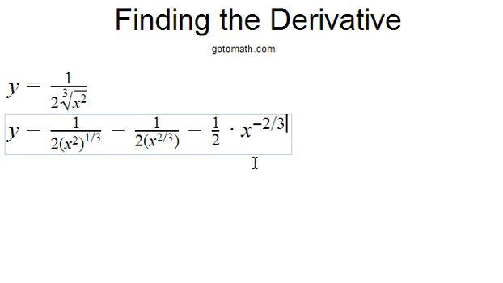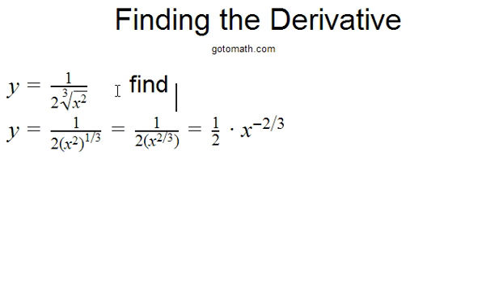Now we can finally take the derivative. Remember, I didn't write it up here, but we want to find y prime. So y prime is equal to, now we're going to take the negative 2/3 and bring it out front.